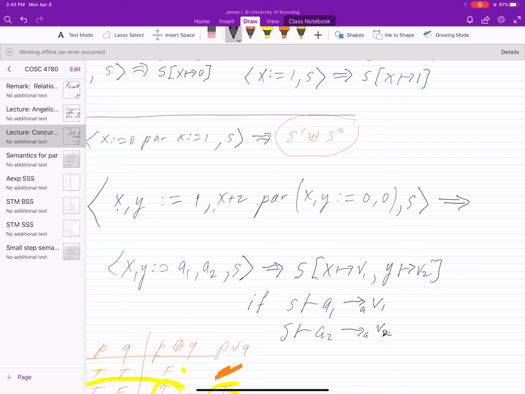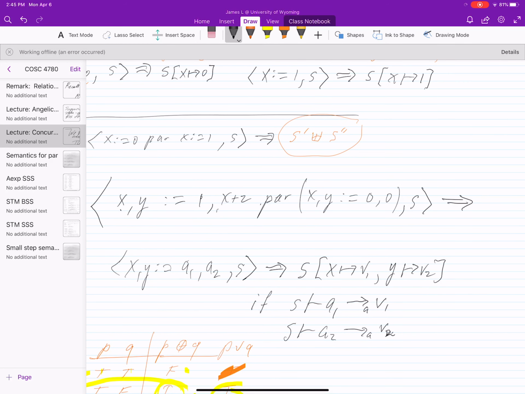Well, it would evaluate to, let's say, S prime union S double prime.